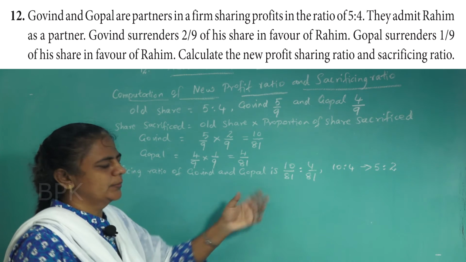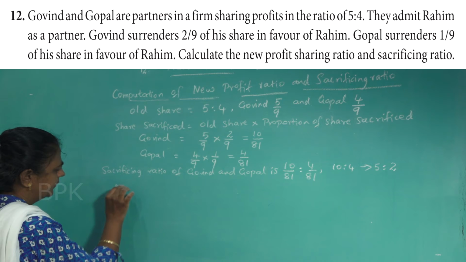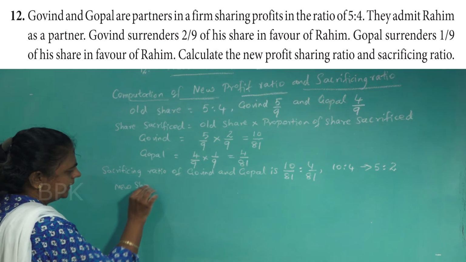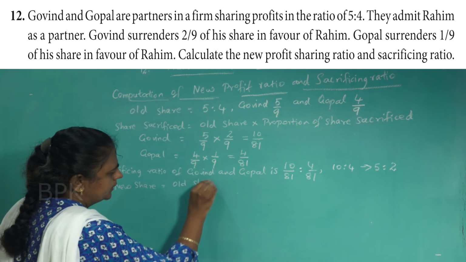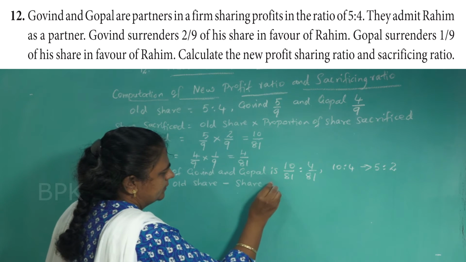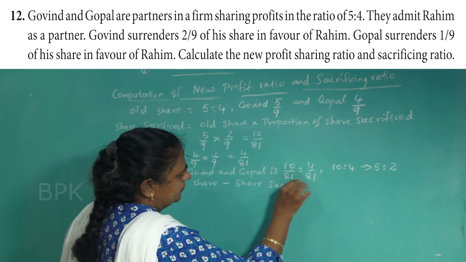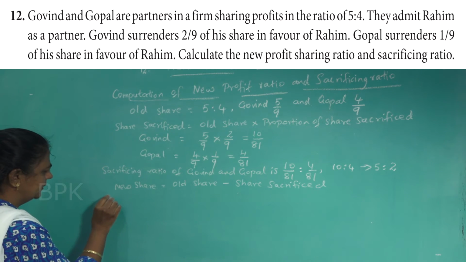Now, what is asked now? You have to calculate the new profit sharing ratio. New share is equal to old share minus share sacrificed. So, calculate for Govind.